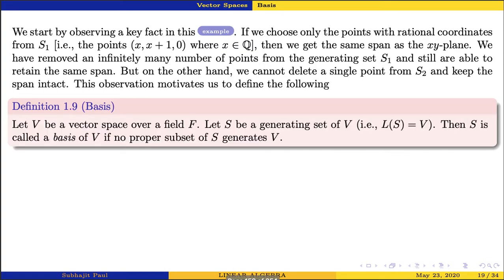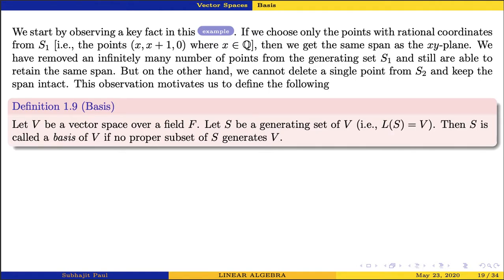Okay, let V be a vector space over a field F. Let S be a generating set of V, that is, the linear span of S is equal to V. Then S is called a basis of V if no proper subset of S generates V. Alright, now one point I must utter over here, that in this definition we have moved our discussion from a subspace to a vector space, because the vector space itself can be considered as a subspace of itself.